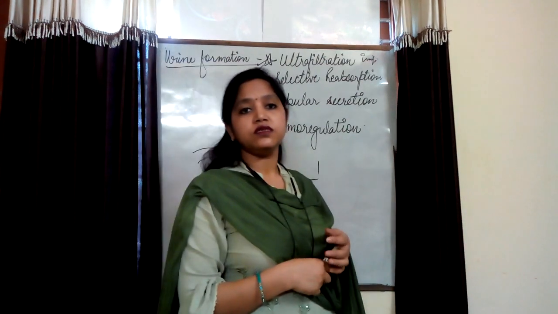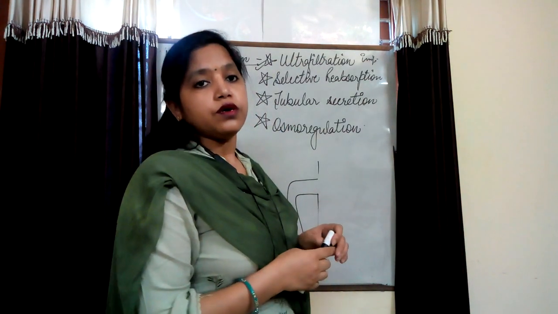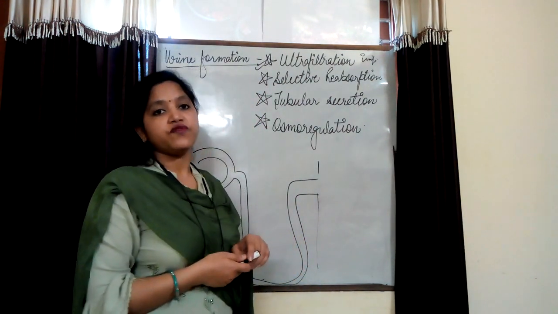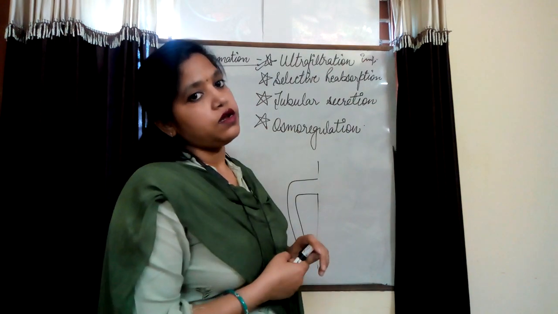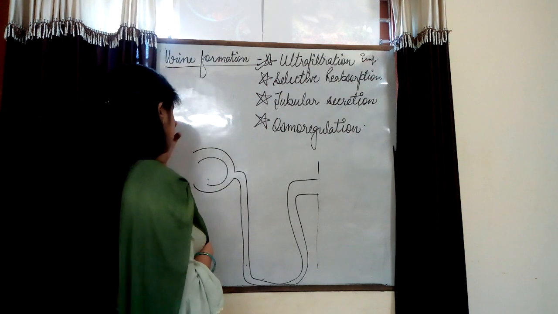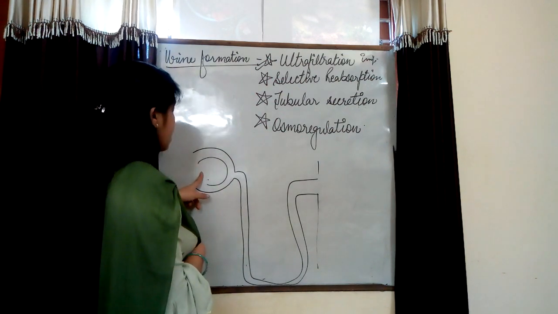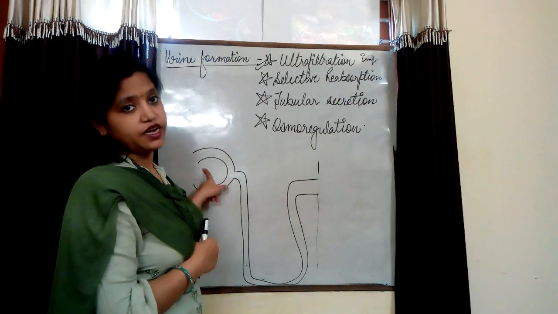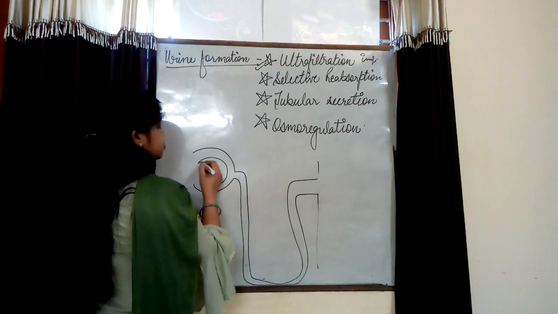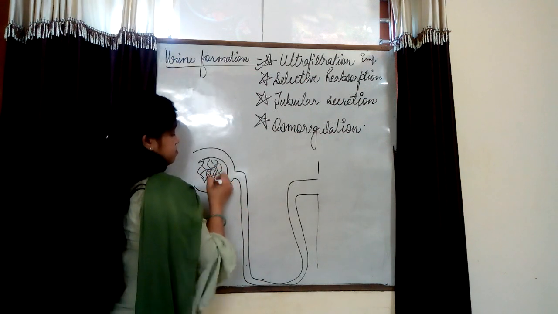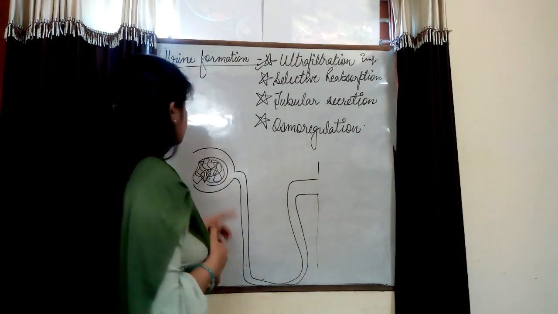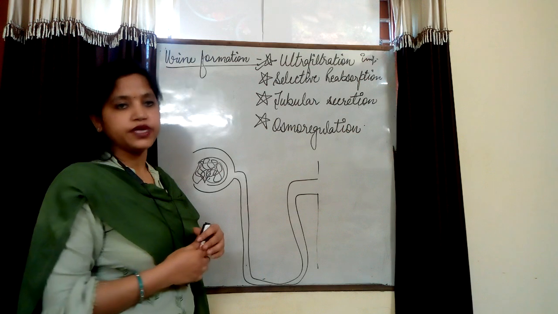Ultrafiltration is the process in which the nephric filtrate or the nitrogenous waste filters out from the nitrogenous waste containing blood. I told you the main artery takes the nitrogenous waste containing blood and enters inside the Bowman's capsule. There is a glomerulus, a tuft of capillaries present here, that is known as glomerulus, right?